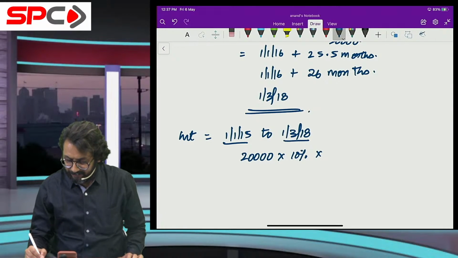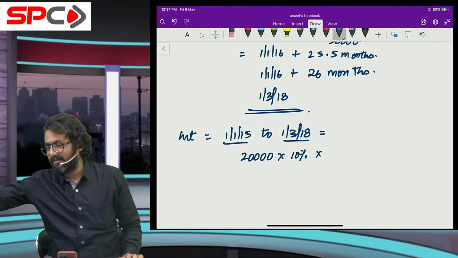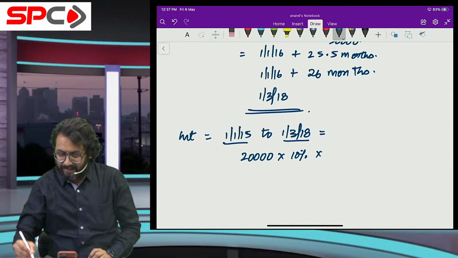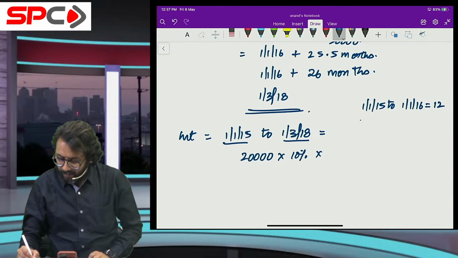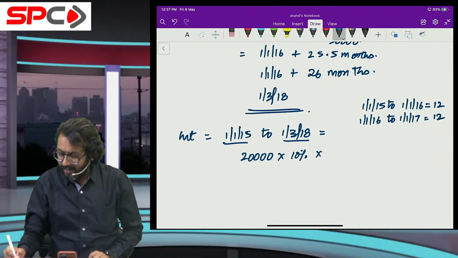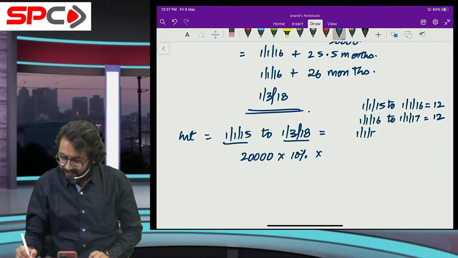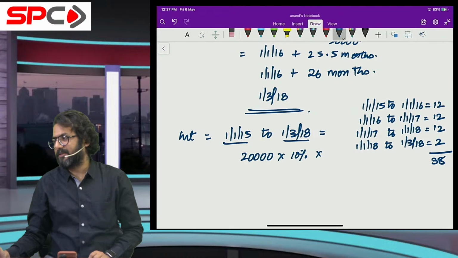How many months are there? 26. 1116 to 26 months comes. Check it, see the full period from 15. 1115 to 1116, 12 months. 1116 to 1117, how many months? 12 months. 1117 to 1118, how many months? 12 months. And 1118 to 1st March 18, how many months? 2 months. So it becomes 38 months.